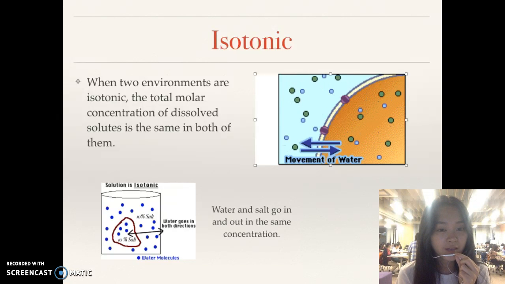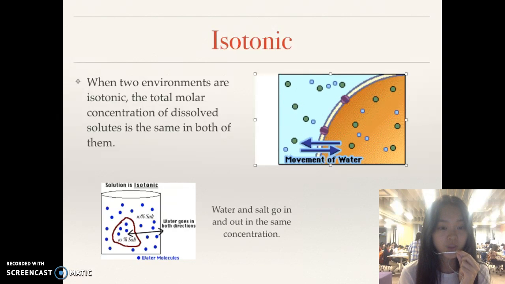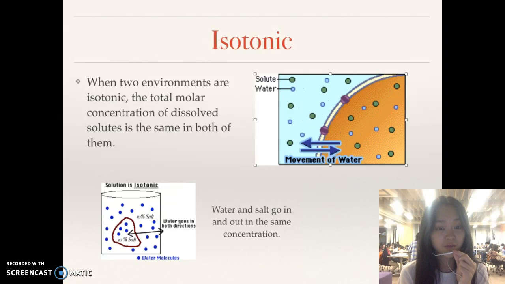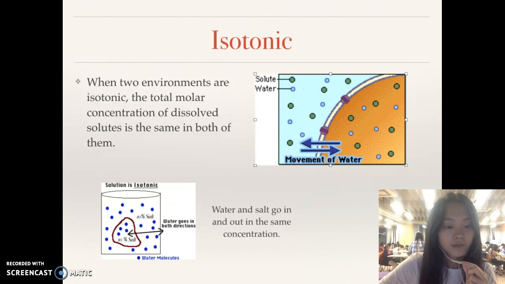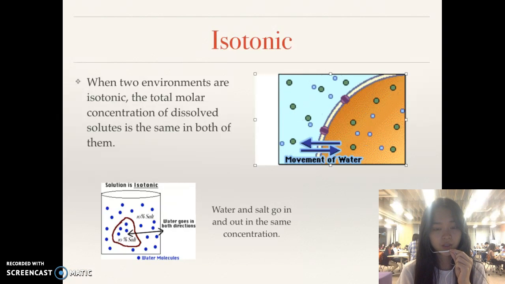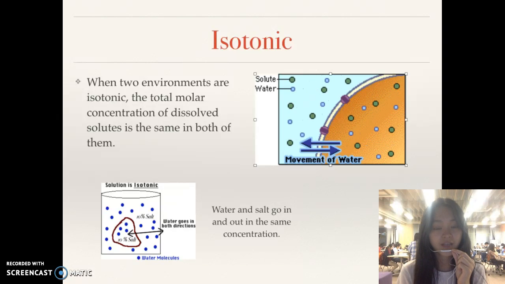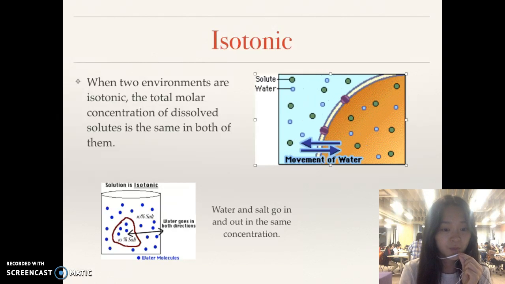When two environments are isotonic, the total molar concentration of dissolved solutes is the same in both of them, which means that the water molecules go in and out at a constant rate. So let's look at the example.